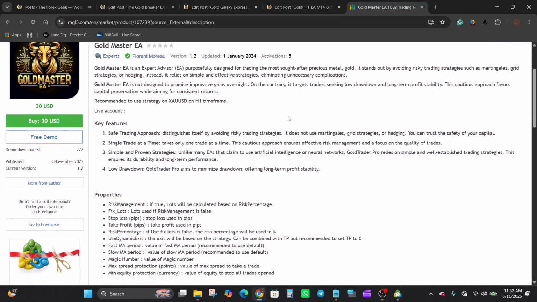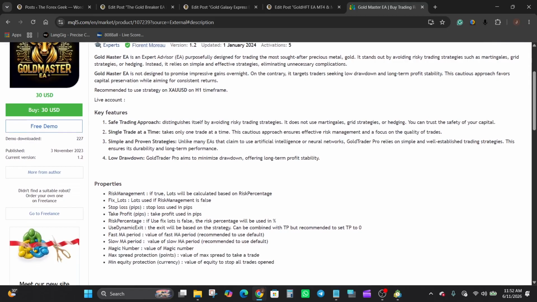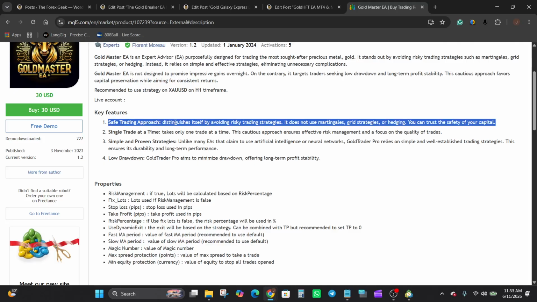As I scroll through the description, one of the first things that stands out is the approach. This expert advisor is clearly designed with simplicity and capital protection in mind. It avoids risky strategies like martingale, greed, or hedging, which already places it in a more conservative category compared to many automated systems.